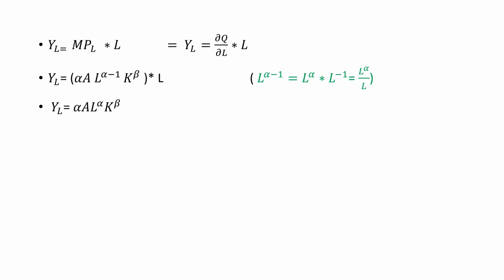This will give us the equation as YL is equal to alpha into A into L raised to alpha K raised to beta. Since Q is equal to A into L raised to alpha K raised to beta, this equation can be rewritten as YL is equal to alpha into Q, where YL stands for the labor share, that is, real income of labor in the total output. Similarly, we can find out YK is equal to beta Q.